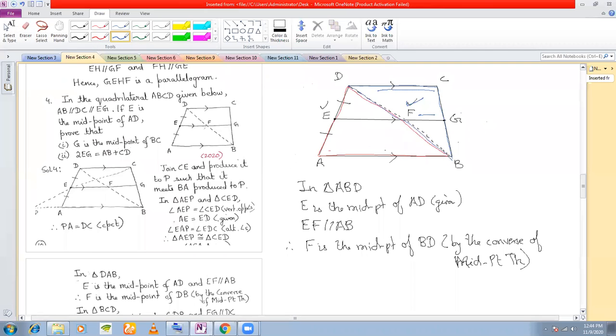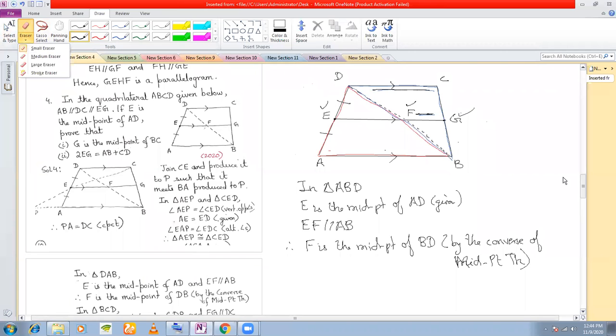So again, if we apply the converse in this blue triangle, can we say G is the midpoint? Yes, sir. F is the midpoint here, and this straight line is parallel to this straight line. Therefore, by the converse of the midpoint theorem, I can say that G is also the midpoint of BC.